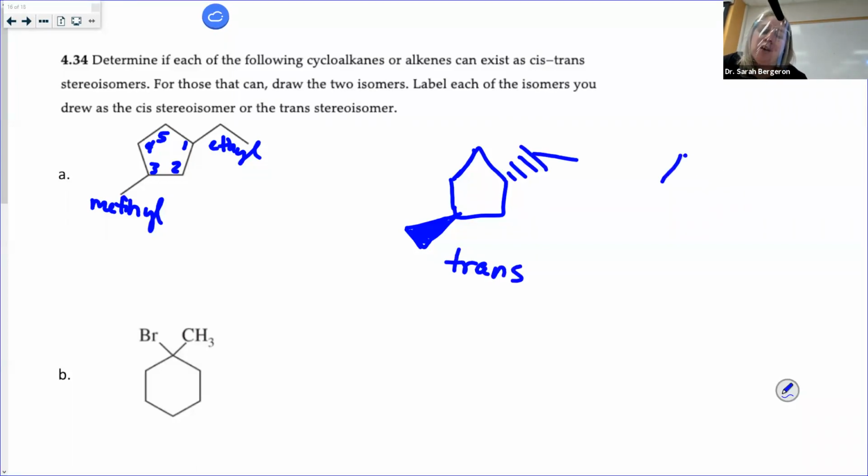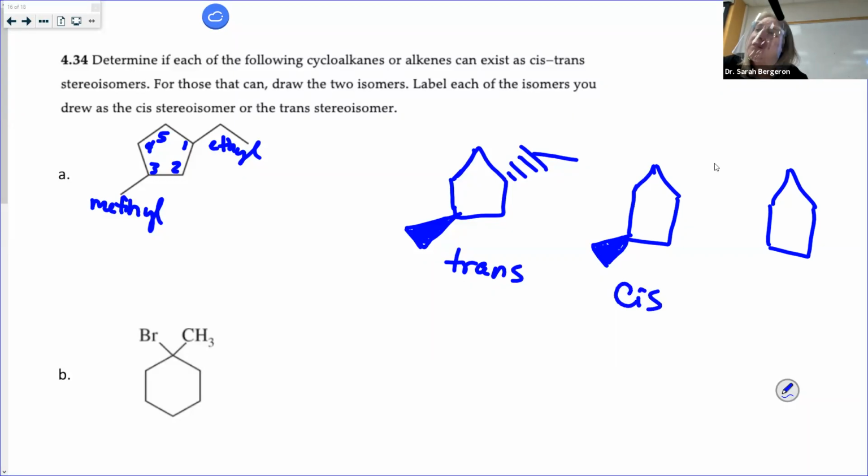Okay, so how do I draw the cis? There are actually 2 ways that I could do it. Let's do both of them. That's terrible, but it's okay. How would I do it? If I drew this one the same way, if I drew it as a solid, how would I make this the cis configuration?